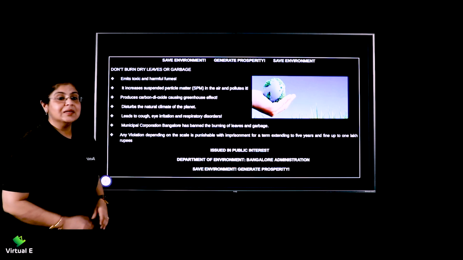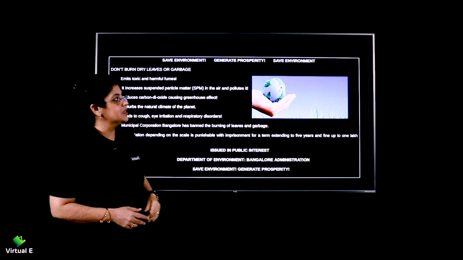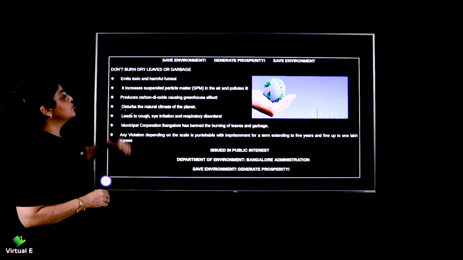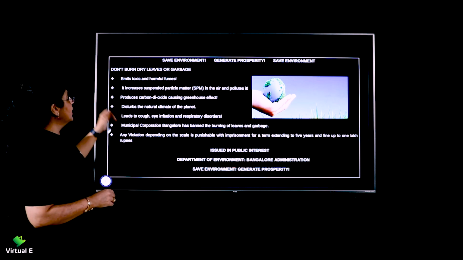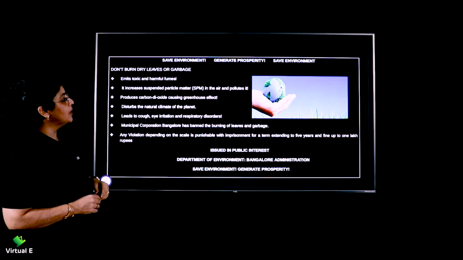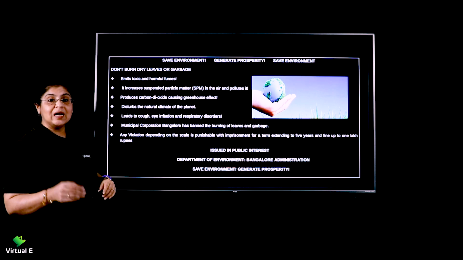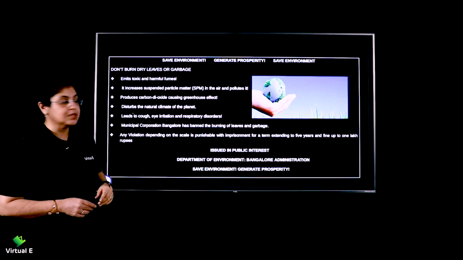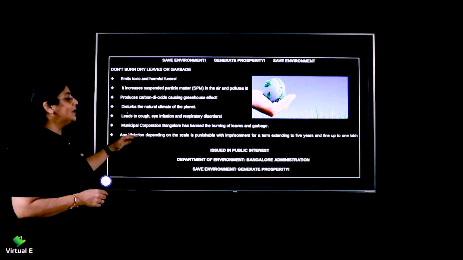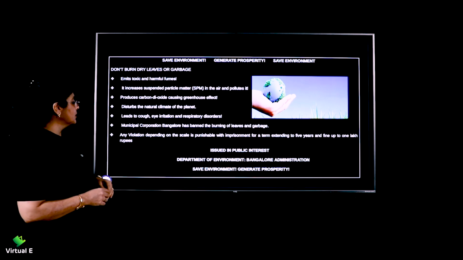Now, here is another example. Save environment, generate prosperity. Don't burn dry leaves or garbage. Emits toxic and harmful fumes. It increases suspended particle matter in the air and pollutes it. Produces carbon dioxide, causing greenhouse effect. Disturbs the natural climate of the planet. Leads to cough, eye irritation and respiratory disorders.